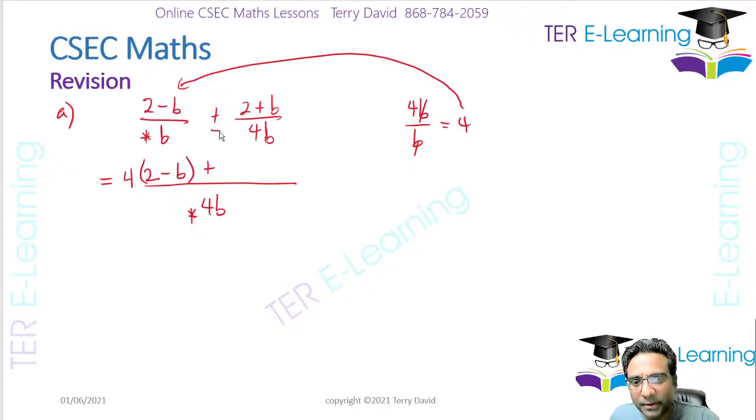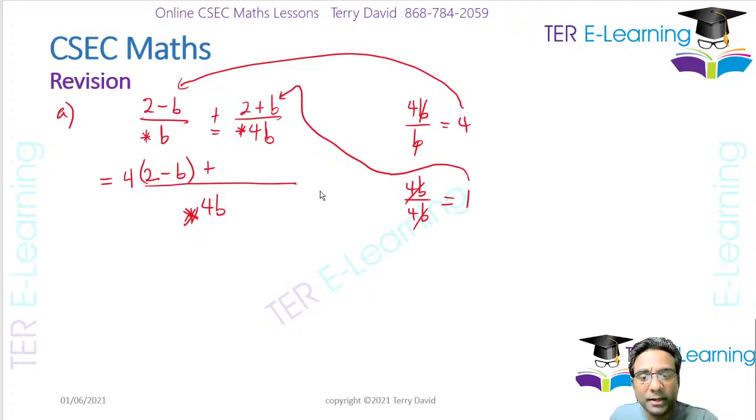And then you have to take this 4b again, right, your LCM, and divide it by this 4b here. So 4b divided by 4b, everything is going to cancel here, and you're going to get 1. And I'm going to take that and multiply by this numerator here, which is going to be 1 multiplied by 2 plus b.